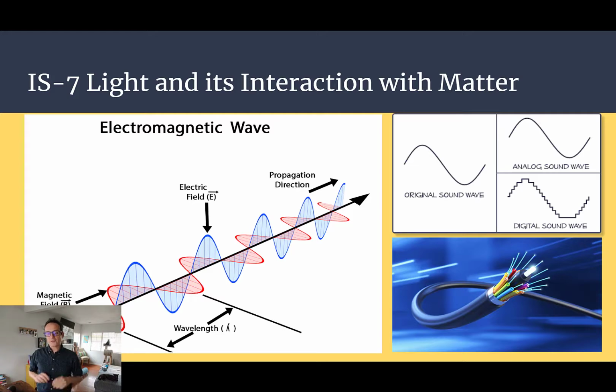All right. Instructional segment 7 then goes into light and its interaction with matter. So now we're looking at electromagnetic radiation, and the students are going to investigate the dual nature of light. Is light better explained as a wave or as a particle? And they also look at light and how it's useful for us for communication, and how light is absorbed by certain materials, including biomaterials, right?